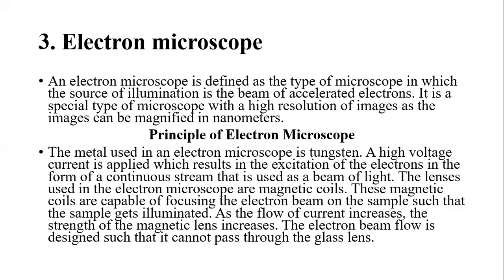The lenses used are magnetic coils, capable of focusing the electron beam on the sample such that the sample gets illuminated. As the flow of current increases, the strength of the magnetic lenses increases. The electron beam is designed such that it cannot pass through the glass lens.